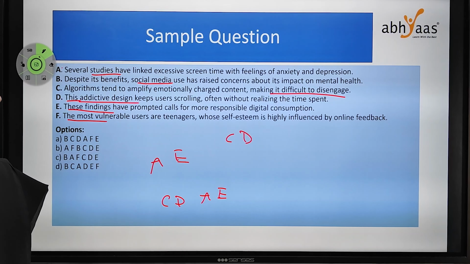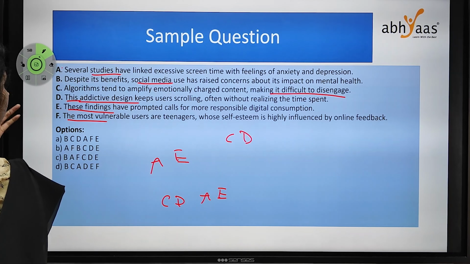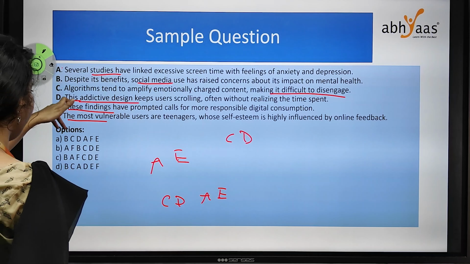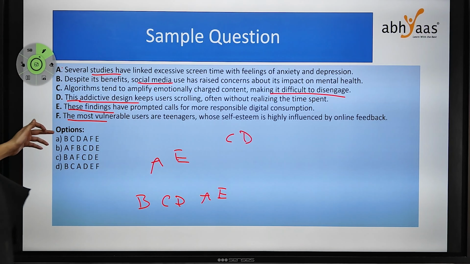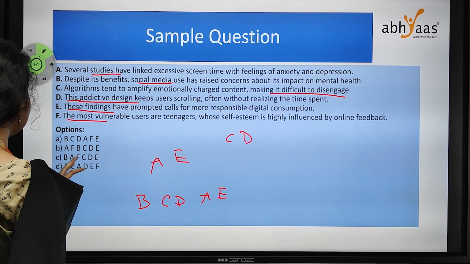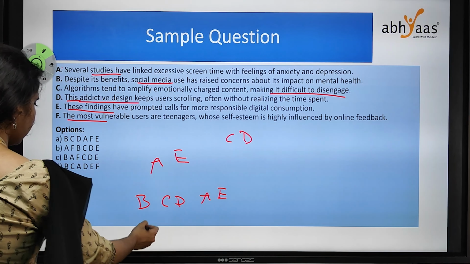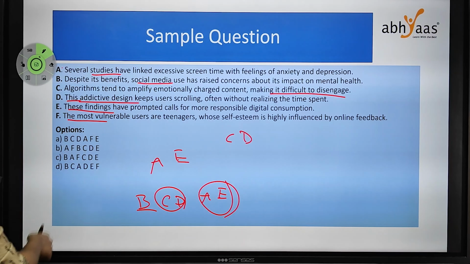Because this is about social media, I think the starting sentence should be the introduction of social media, right? So B could be something like it introduces the idea. That is why, see, even in options you have B, B, B. So let's check with this. You should have the first one as B, and after C and D you should have A and E. Let's check the options.